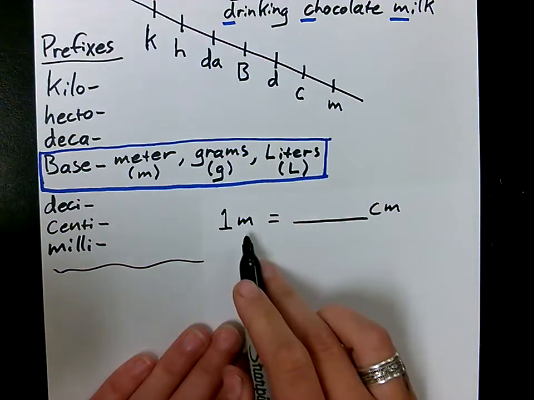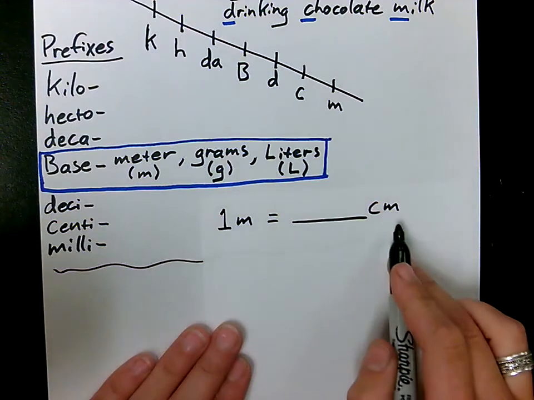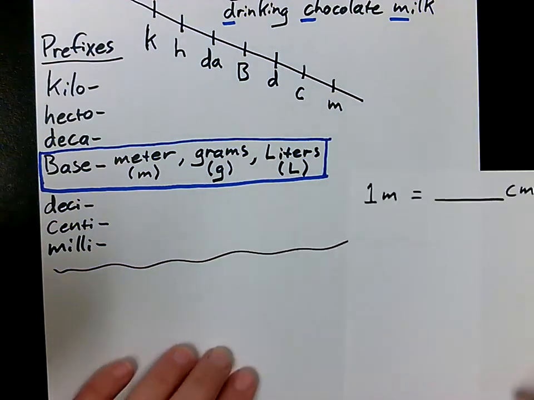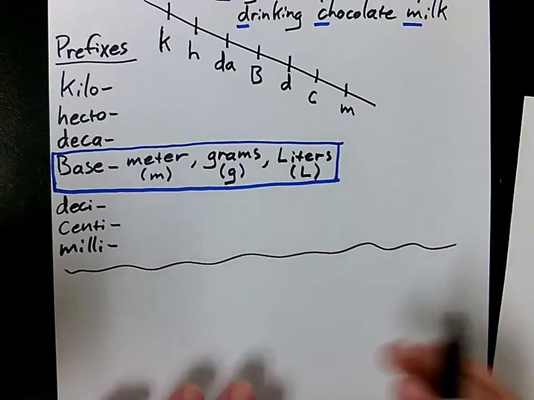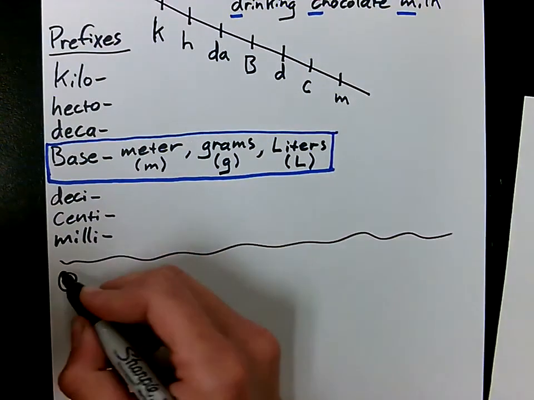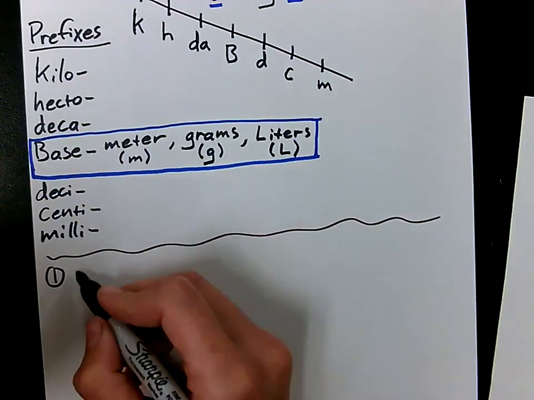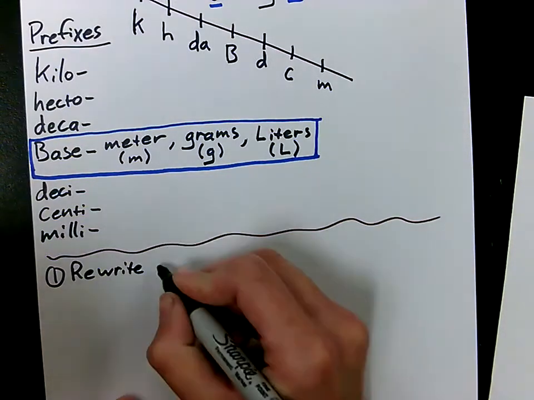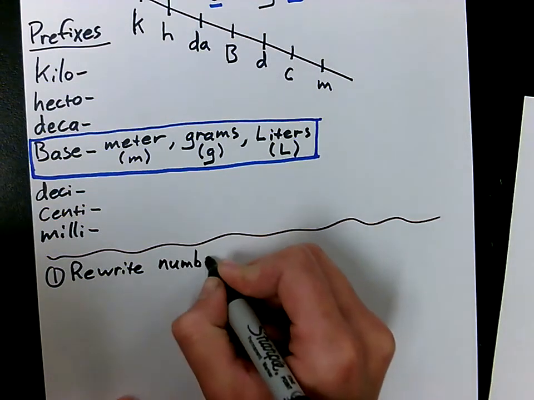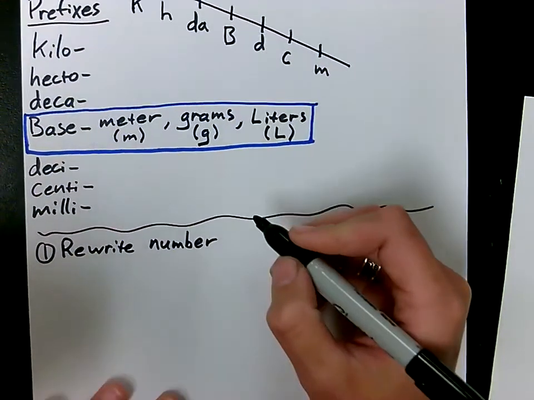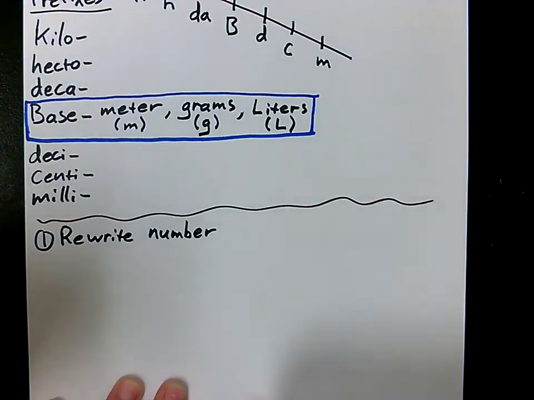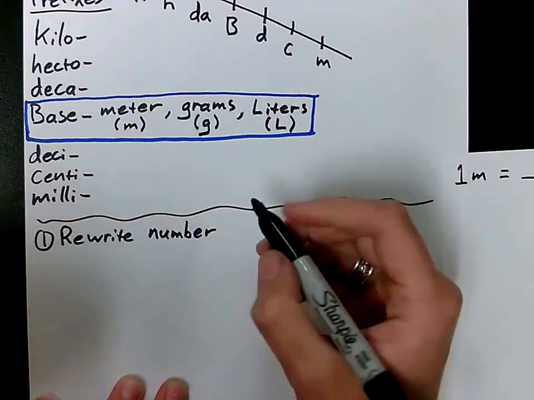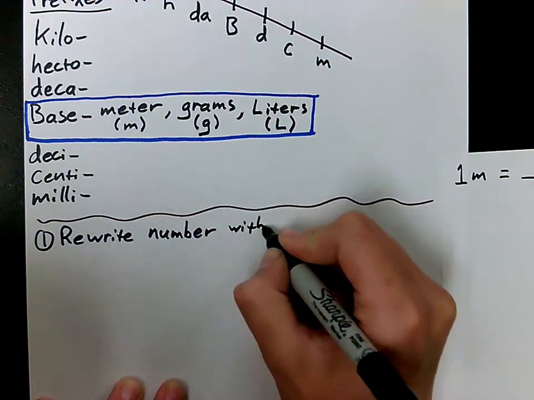A number with a unit equals blank with a unit. All right, so you just got to figure out what goes in that blank. So we'll set that off to the side for a second. And our first step is going to be to rewrite our number. Rewrite number. And this time we want to, if it doesn't have a decimal in it already, like this doesn't have a decimal, clearly put in the number, we want to rewrite it with a decimal.